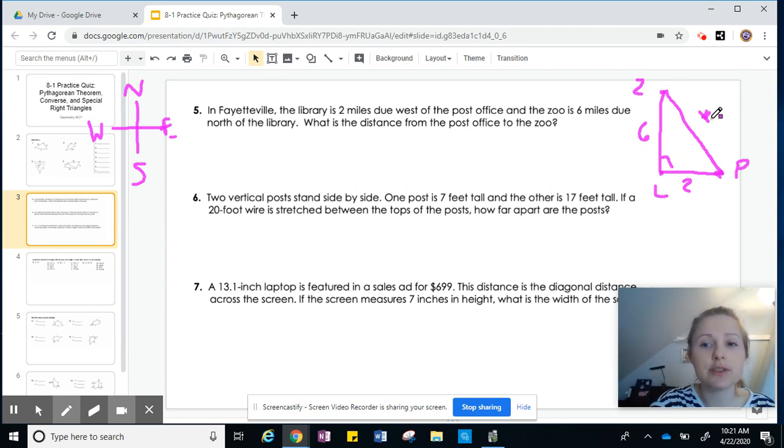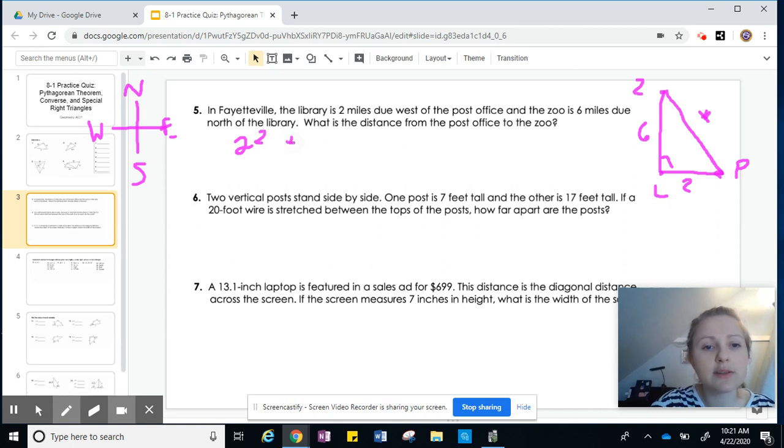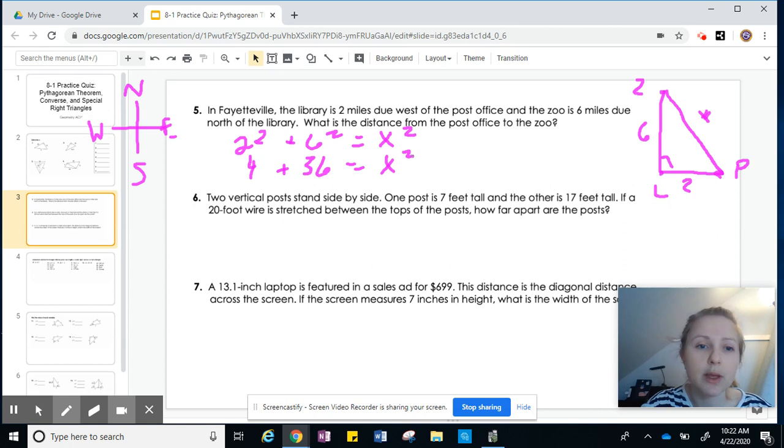So what we're going to do is 2 squared plus 6 squared equals x squared. 2 squared is 4, 6 squared is 36. You can use your calculator if you want, but those are kind of easy numbers, so I'm just doing it this way.